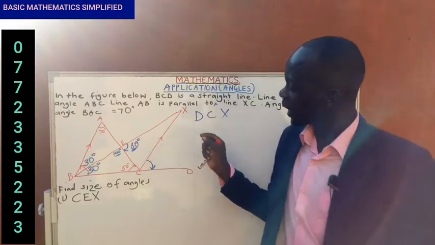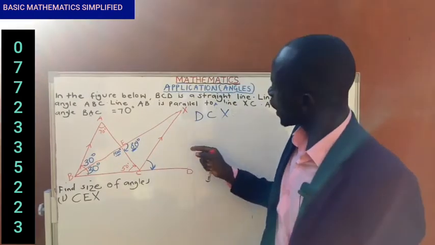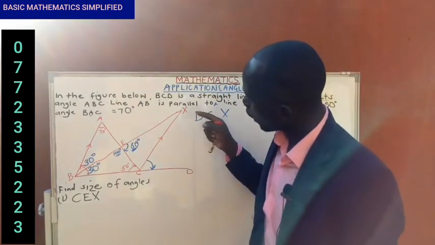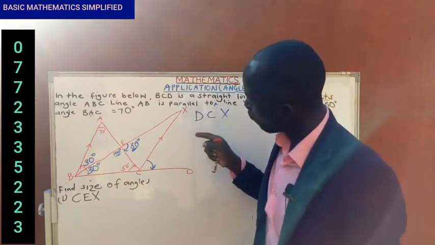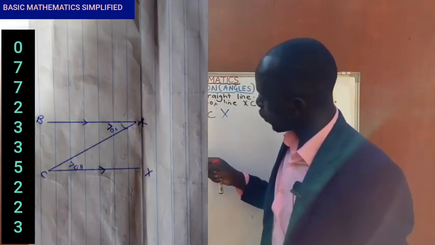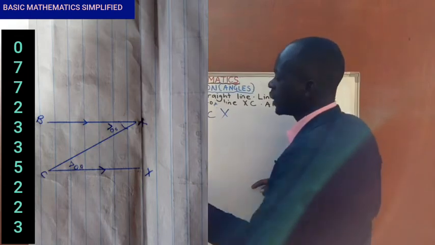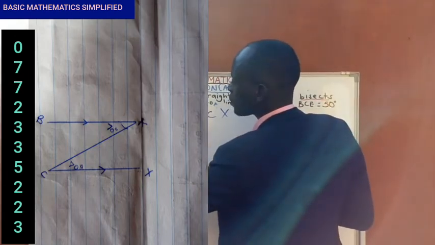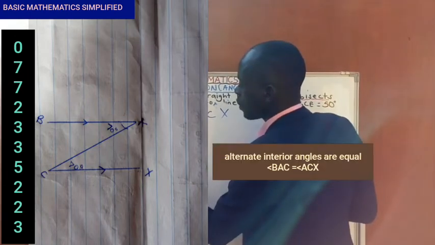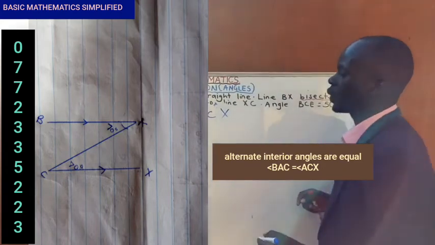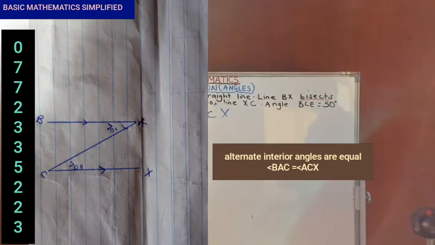I want to look for that cheap way that we can use to calculate the value that we want. This angle 70 is equal to this angle of 70.